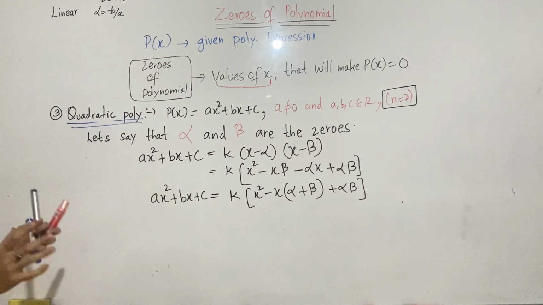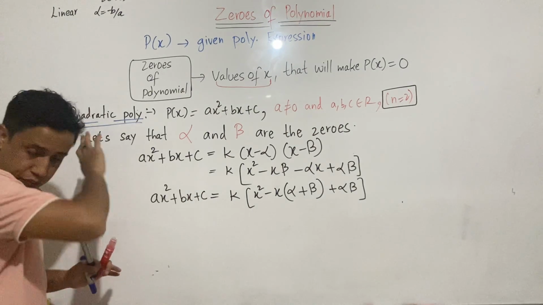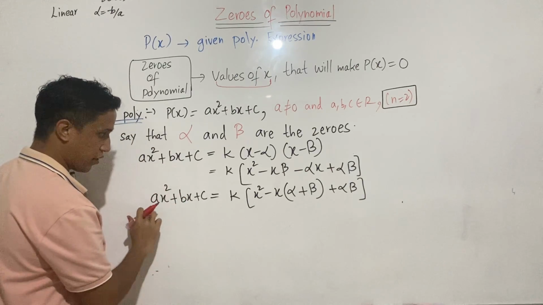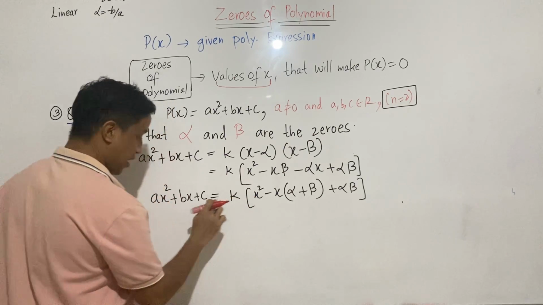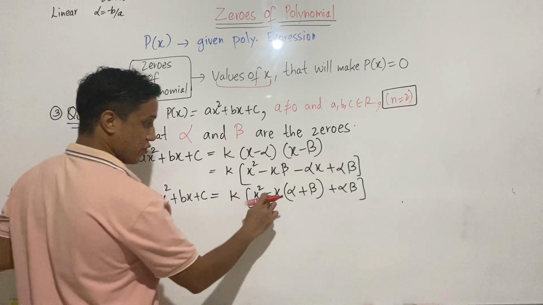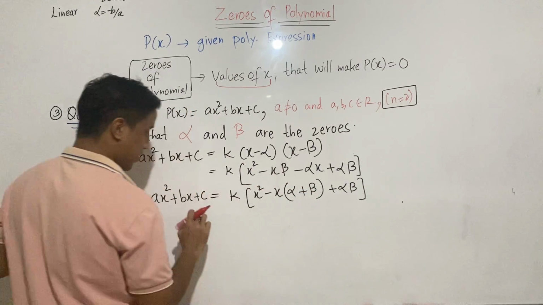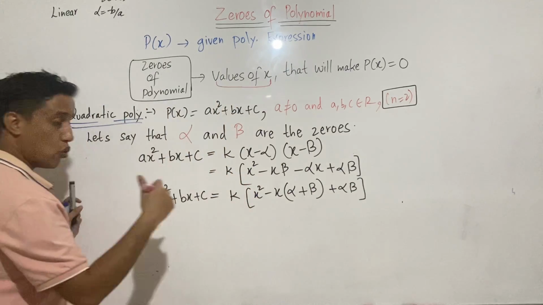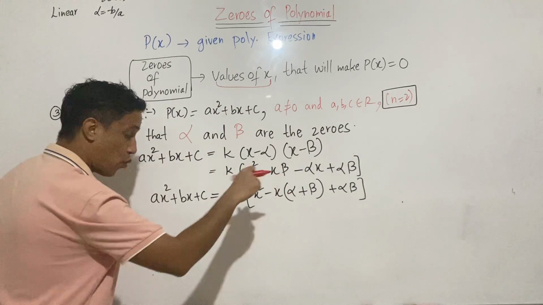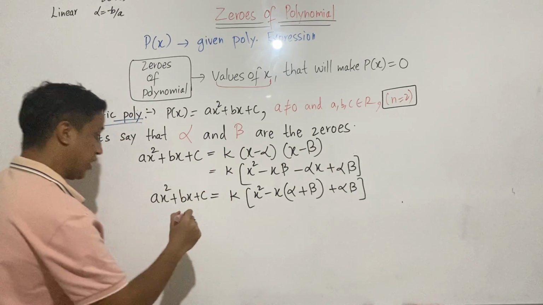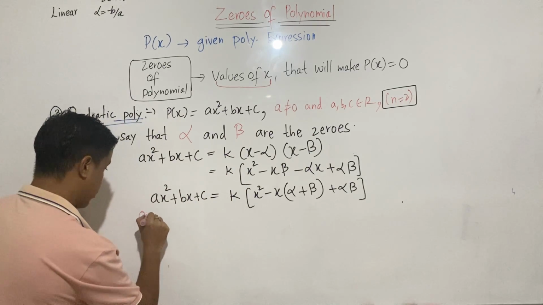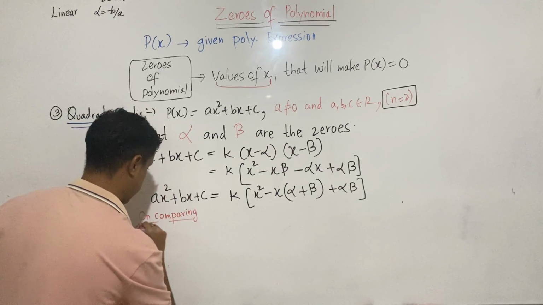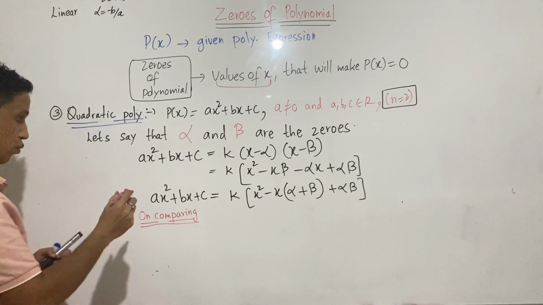Okay, now see here. Here you have the coefficient of x square, here you have the coefficient of x square. Here you have the coefficient of x, here you have the coefficient of x. Here you have the constant part. Okay, so can we compare the values? On comparing, what will happen?